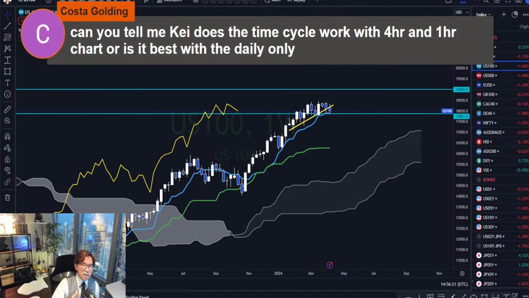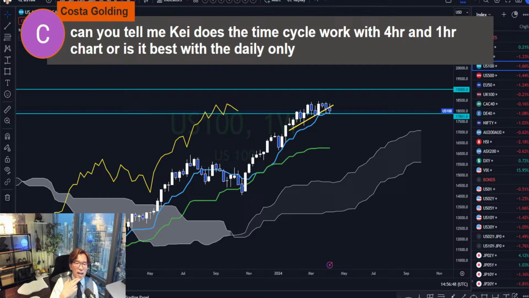But let's say if you apply a 4-hour or 1-hour time frame, then sometimes you see two tops in the same area, or two bottoms in the same area, and sometimes there's a long wick due to news, and it may be difficult to apply time cycles or Ichimoku theories.